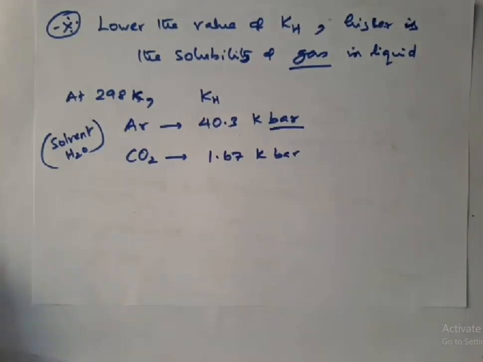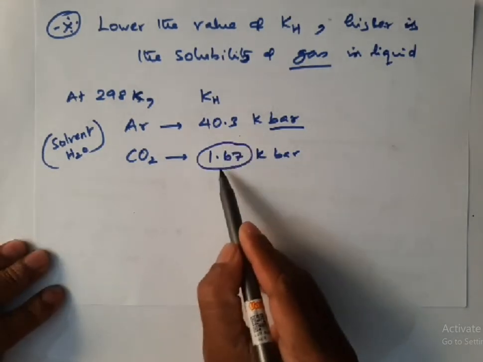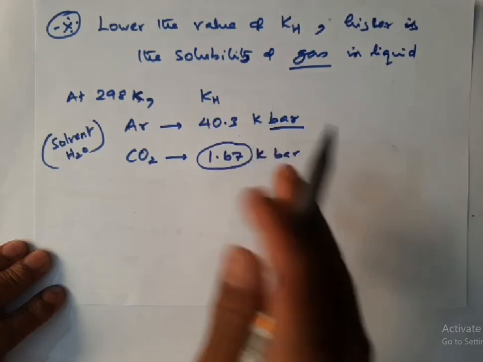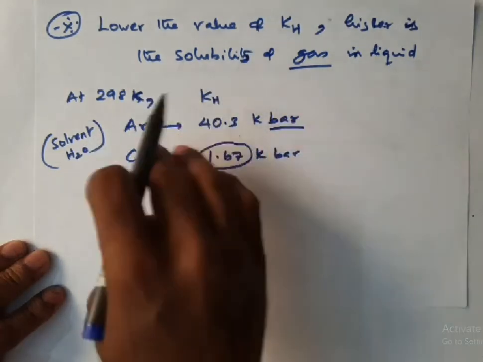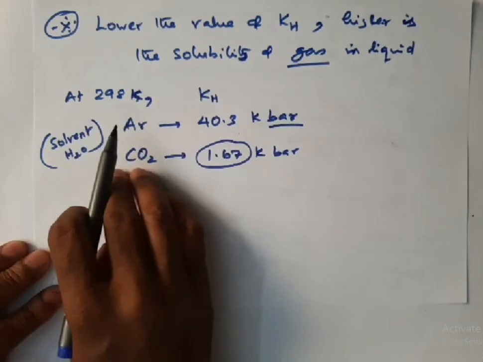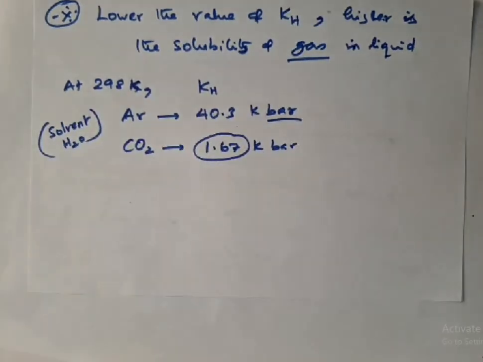Students, what does this indicate? CO2 has a lower KH value. That means CO2 is more soluble in water compared to argon gas.